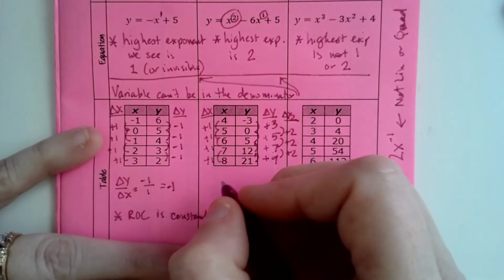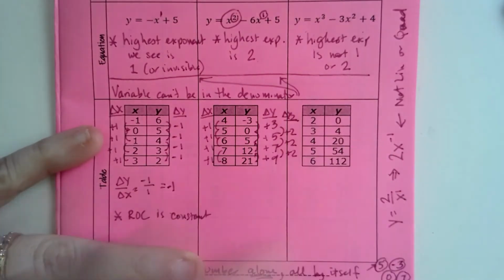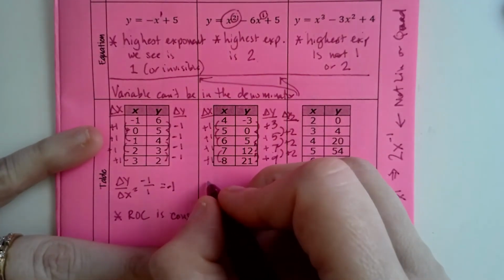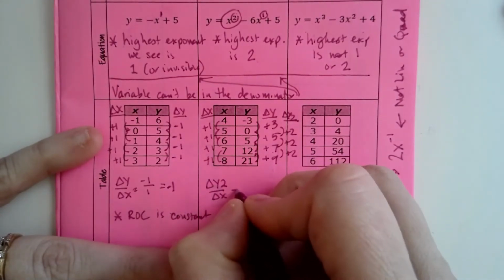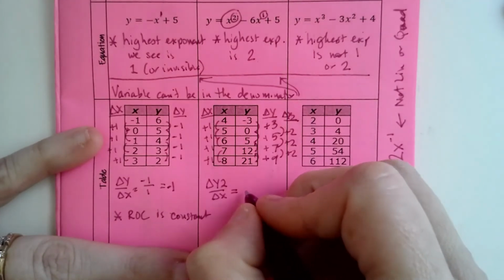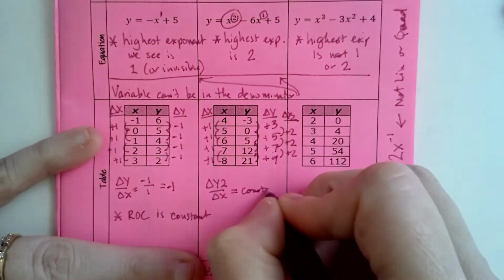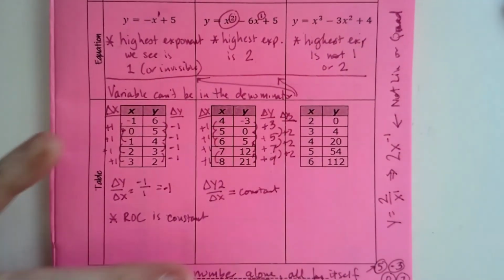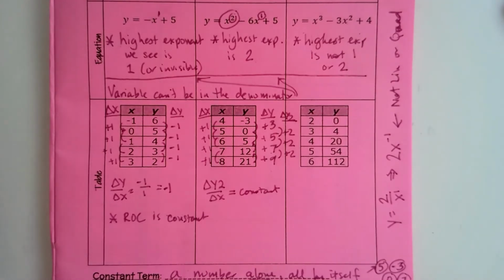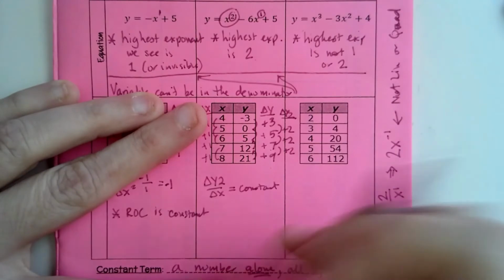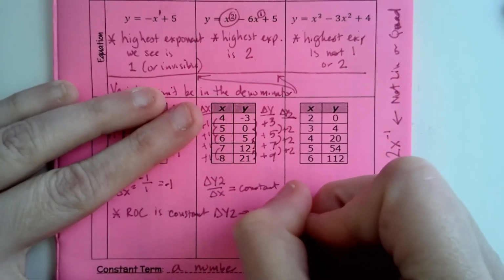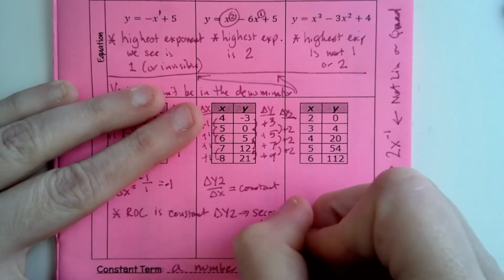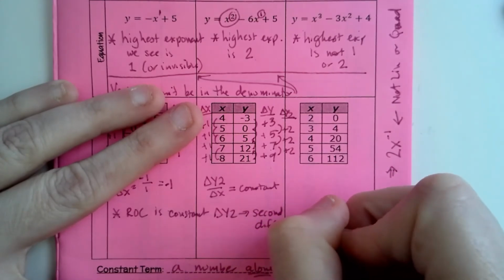So for this one, let's see, I can write this. Delta y2 over delta x is constant. We call delta y2 the second difference.